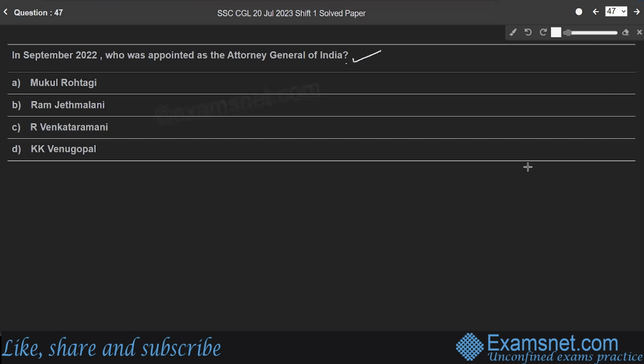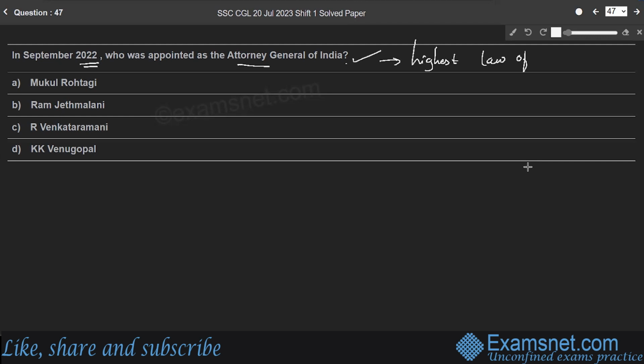Question 47. In September 2022, who was appointed as the Attorney General of India? Students, according to Article 76 of the Indian Constitution, the Attorney General of India is the highest law officer of India.